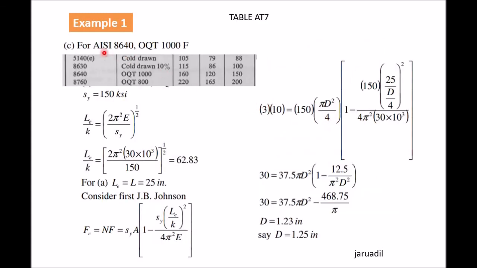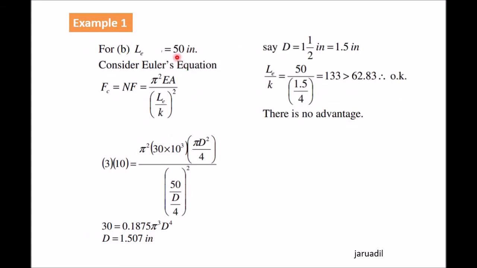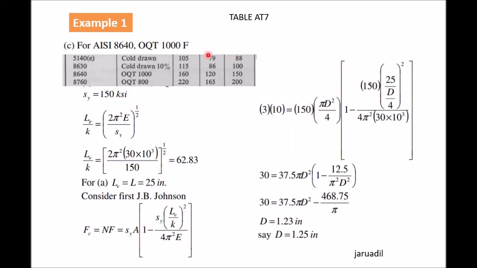So, using naman this one, AISI 8640, ang na-compute din natin ay 1.0625 din. So, parehas lang. At using L is equal to 50 here, ang na-compute natin ay 1.5. This 1.5 here is using this material AISI 8640.